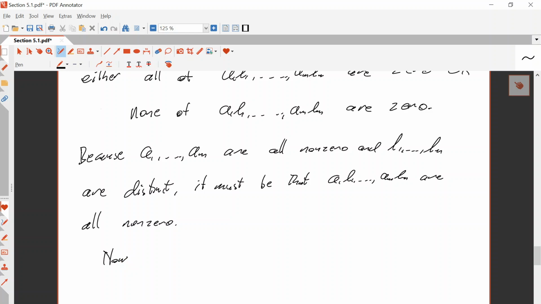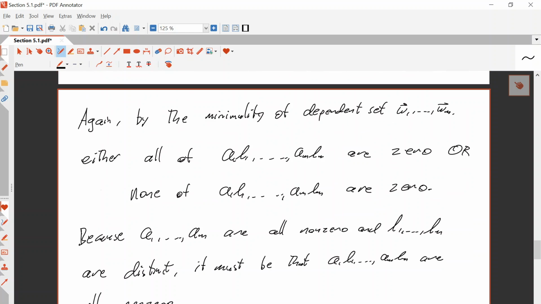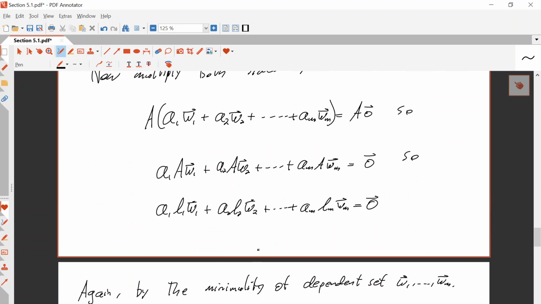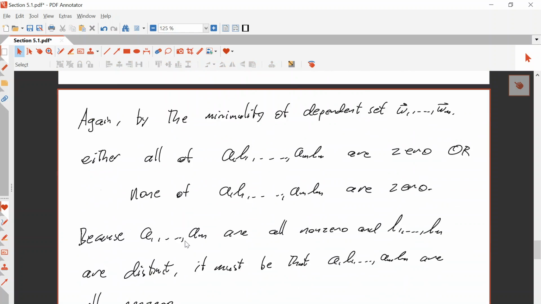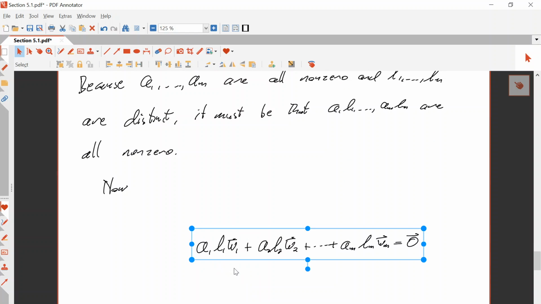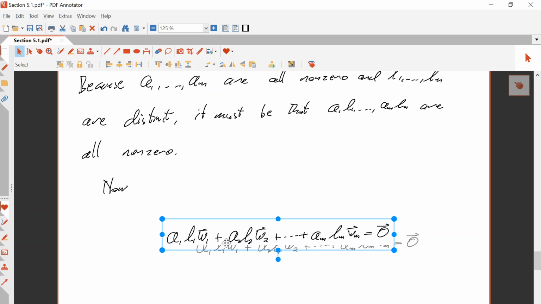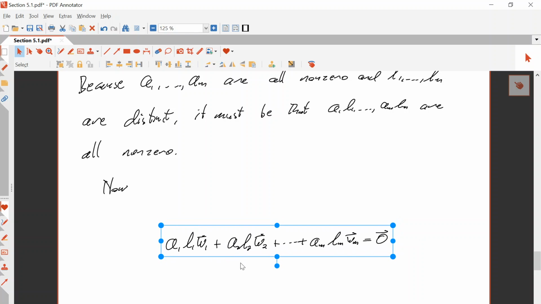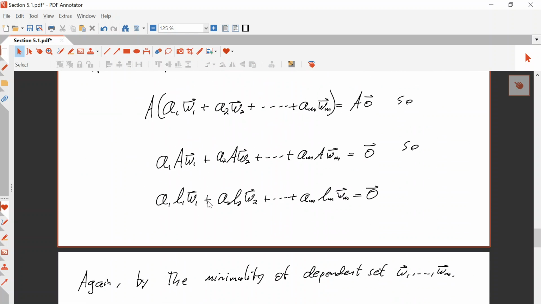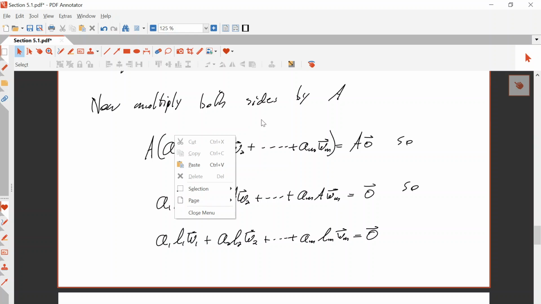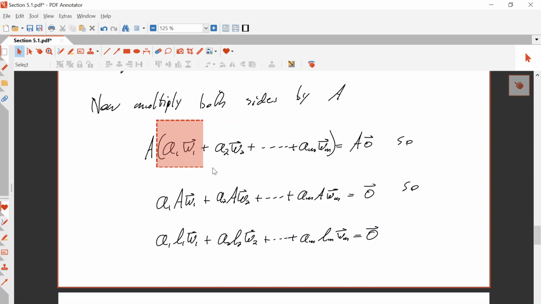Okay, now, if I take this linear combination here, both of these linear combinations, there we are.